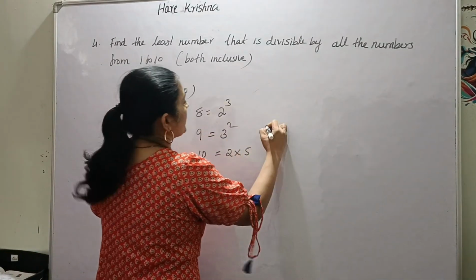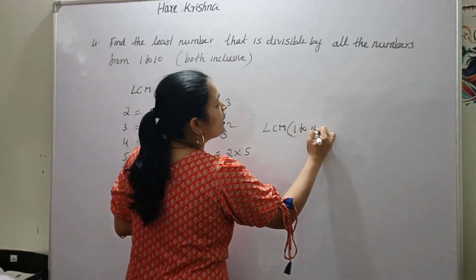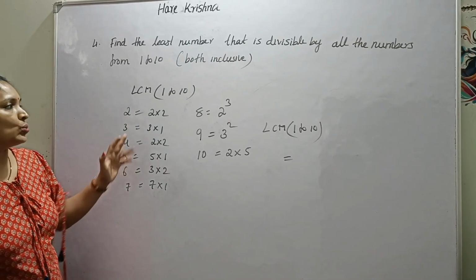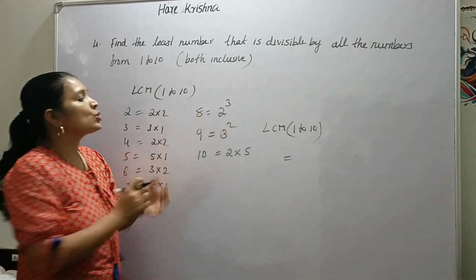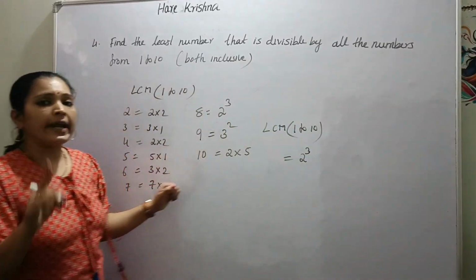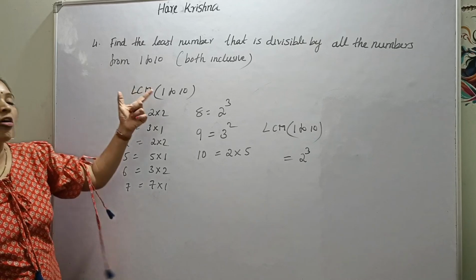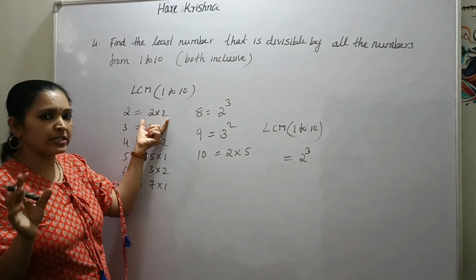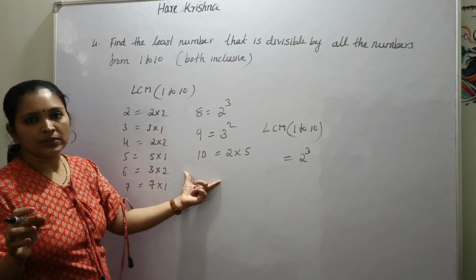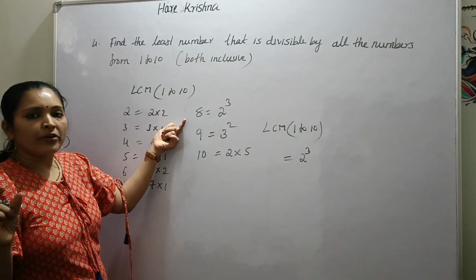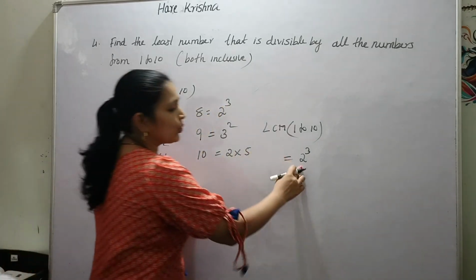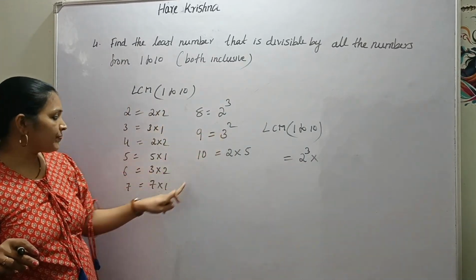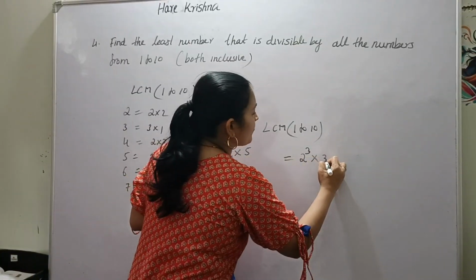So the LCM of numbers 1 to 10 is equal to, for the first prime factor 2, the greatest power of 2 is 3, so 2 cube. Into the next prime factor 3, the greatest power is 2, so 3 square.